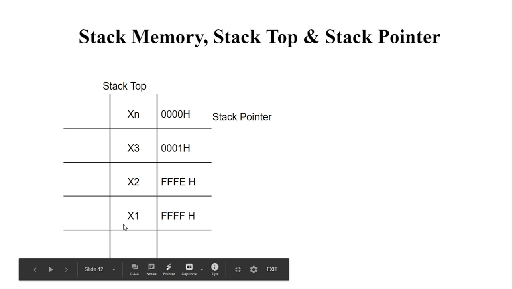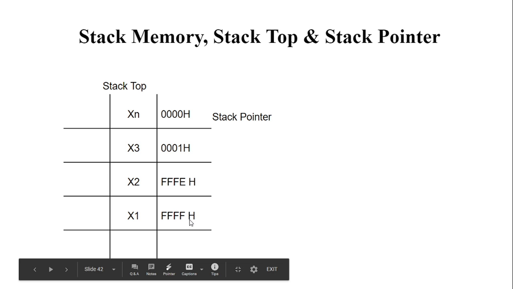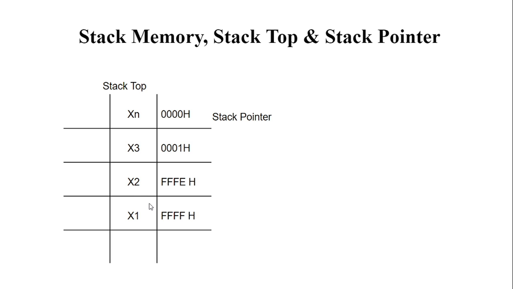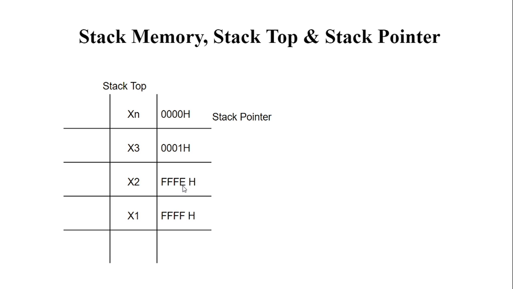That's why here x1 I have stored in the bottommost memory location FFFFH. Now I have another content, that is x2. If you want to store x2, at that time we store that content above FFFFH. So FFFFH के above में कौन सा memory location है, FFFEH.